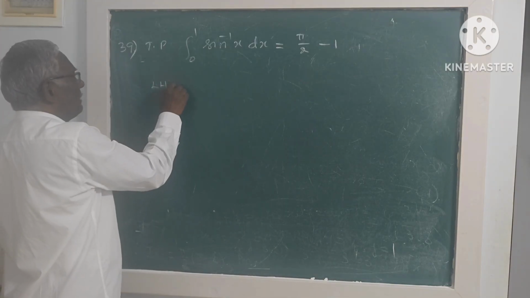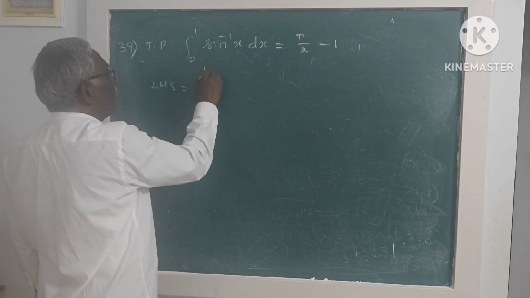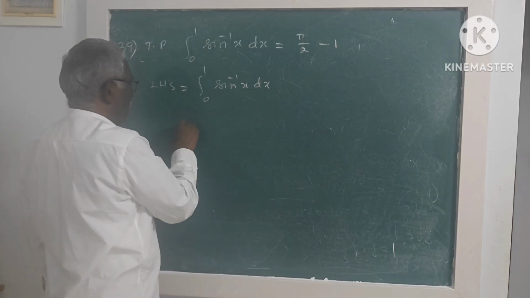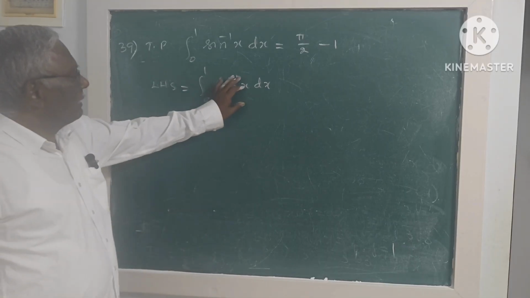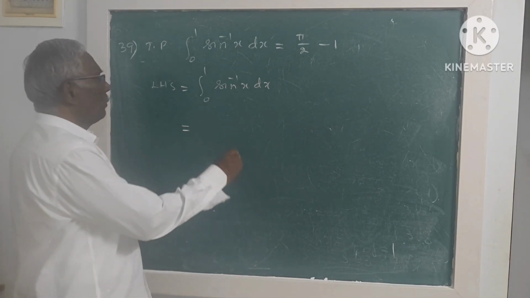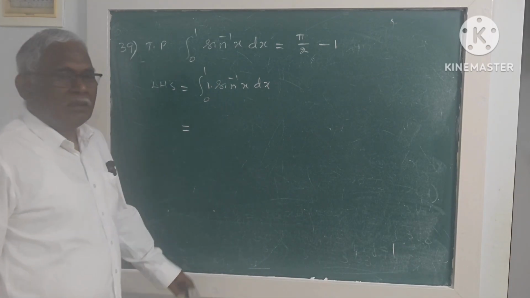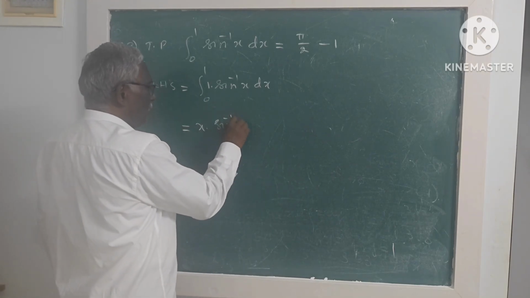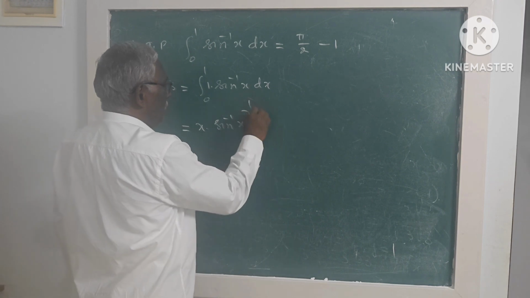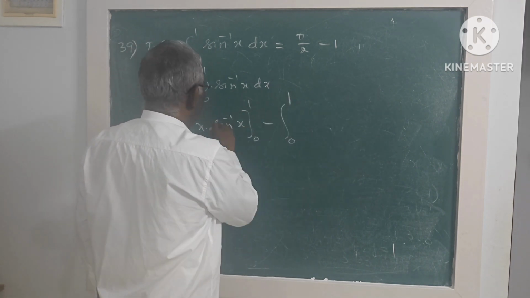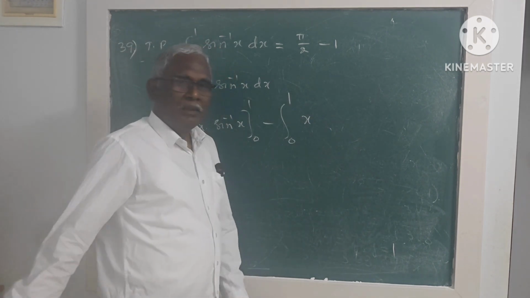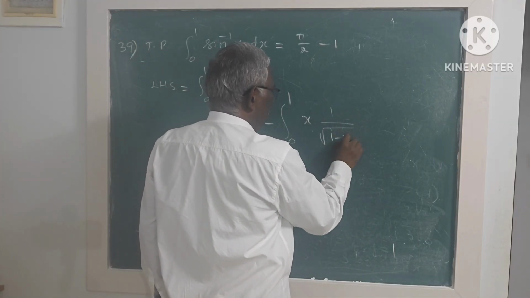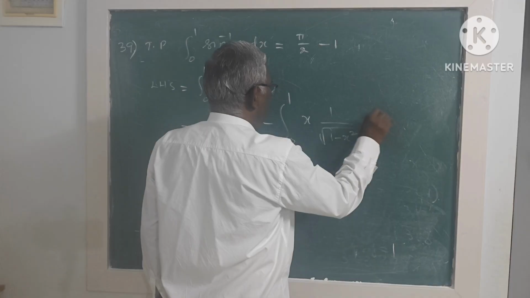So take the left hand side, integral 0 to 1 sine inverse x dx is there. We cannot integrate sine inverse x directly, so we write it as 1 into sine inverse x. So integrate 1, x will come, into second function sine inverse x from 0 to 1, minus integral of the integrated function x into differentiation of sine inverse x, 1 by square root of 1 minus x square dx.